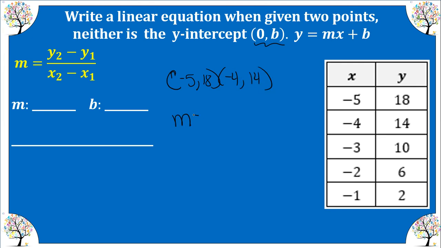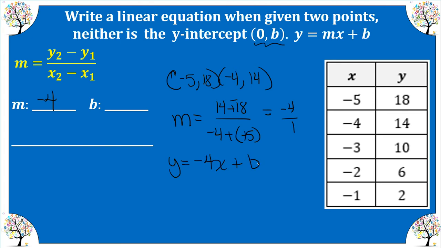So let's find slope. So y2 minus y1 over x2 minus x1. This is -4. This is +1. Our slope is -4.